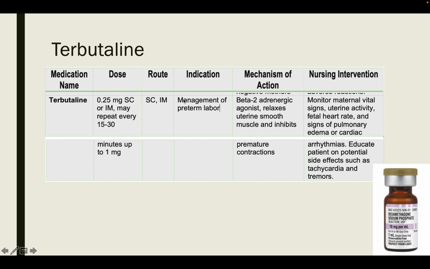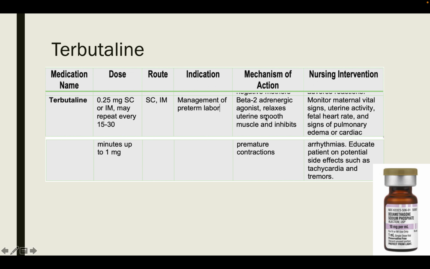So we're talking here about premature labor, labor before 37 weeks, when the mother starts to show true uterine contractions, or any type of severe uterine contraction. Yes, we can provide this medication to decrease uterine contraction in order to prevent preterm labor.